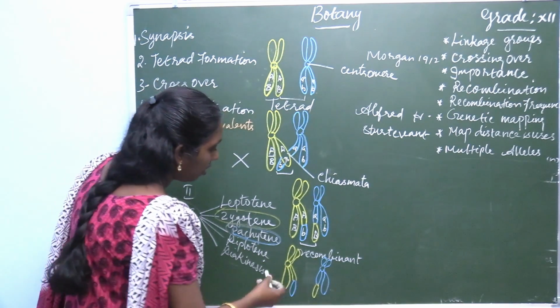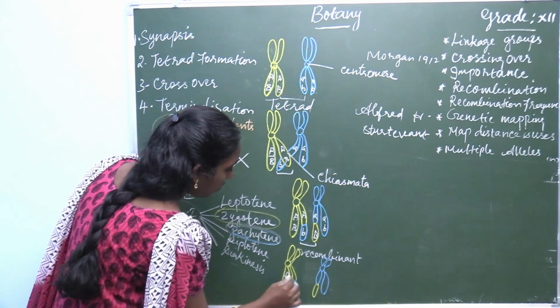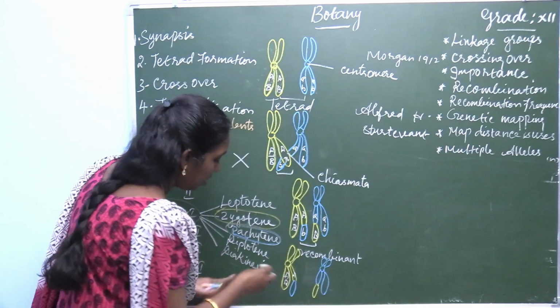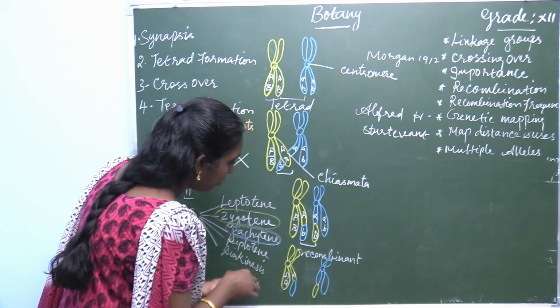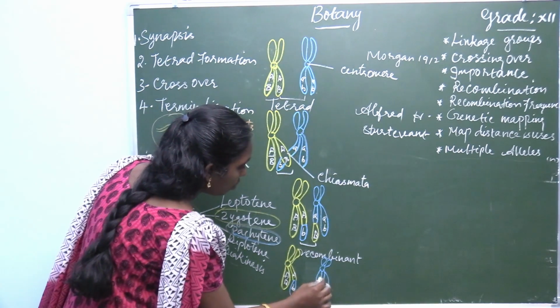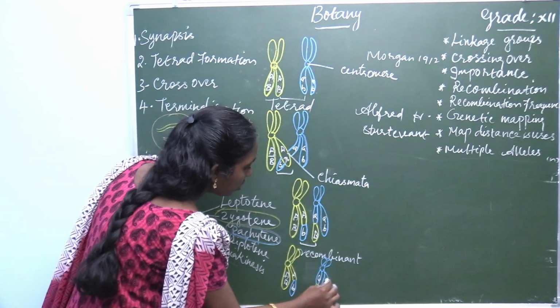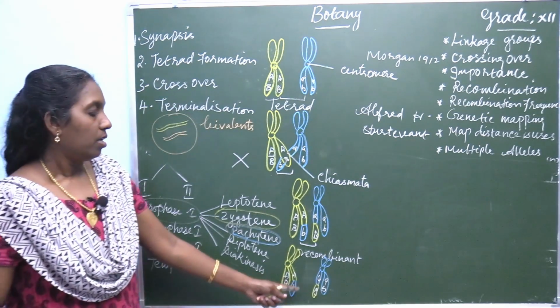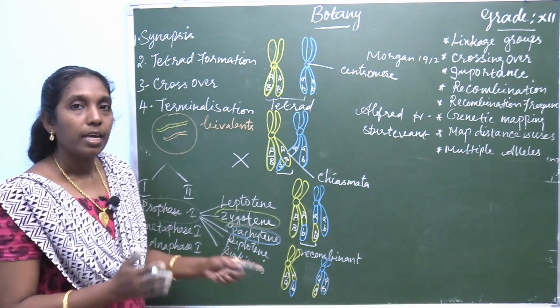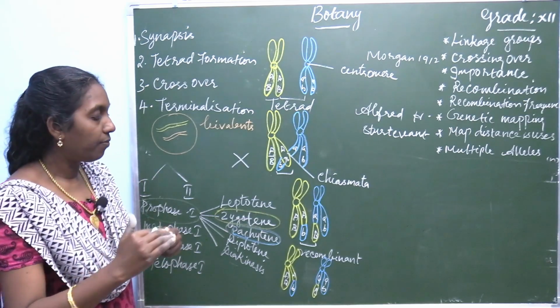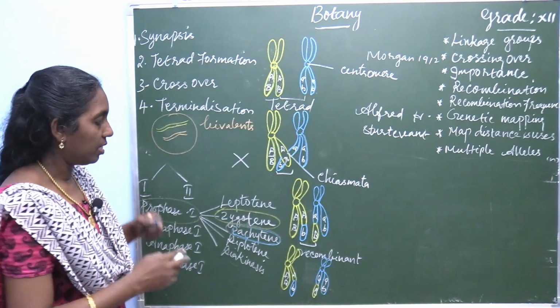So it separates into A B, A small b, small a capital B, small a small b. As a result, it produces four different chromatids.